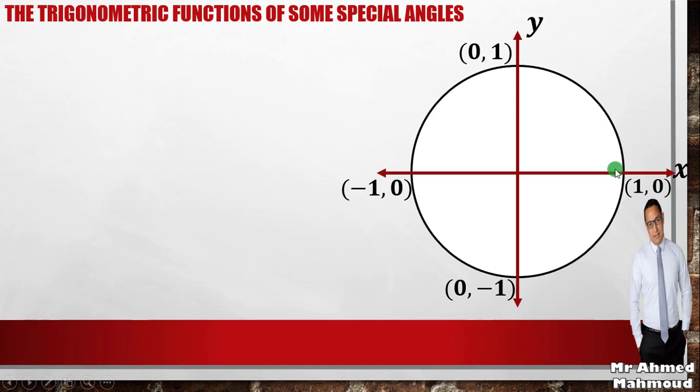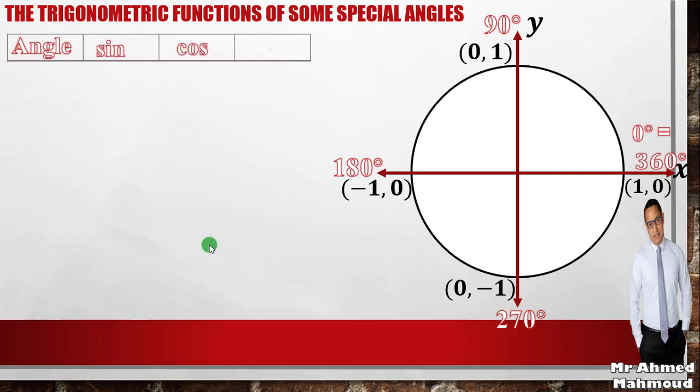Changing them into radian measurement: 0, pi over 2, pi, 3 pi over 2 and 2 pi. Those are the angles in degrees: 0, 90, 180, 270, 360. Now I need to conclude sine, cosine, tan for 0, 90, 180, 270 and so on.